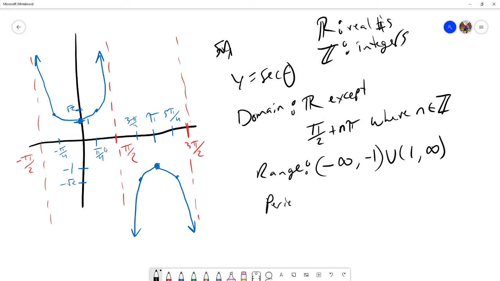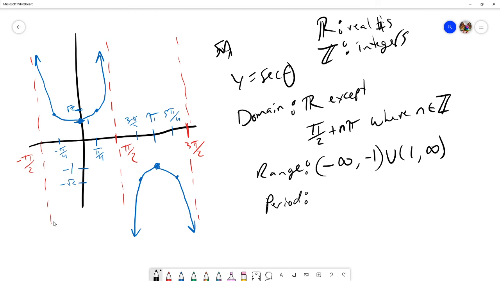Last thing we can note is the period. Now you might think the period is going to be pi, because you think, well, from here to here is one U, and then from here to here is another U. But we have to keep in mind the graph is going to include both of these quote-unquote U's, because this one's going up, this one's going down.